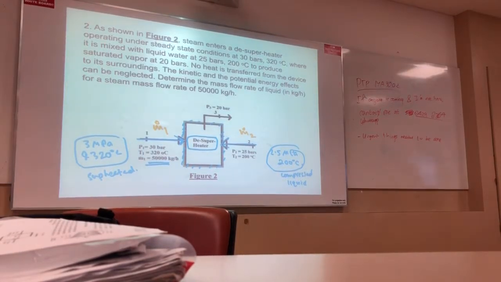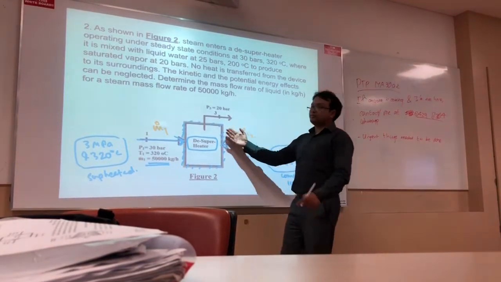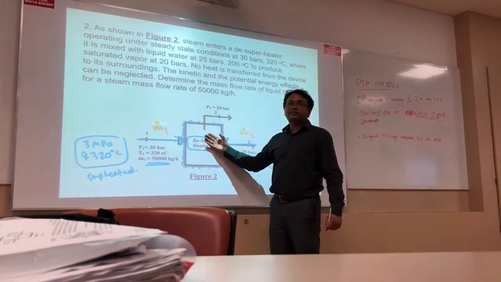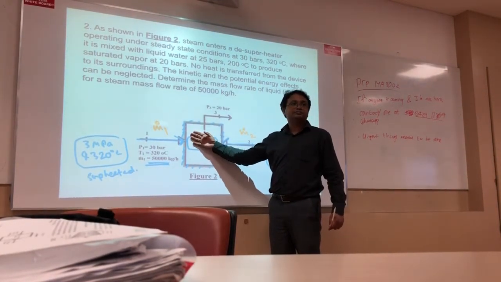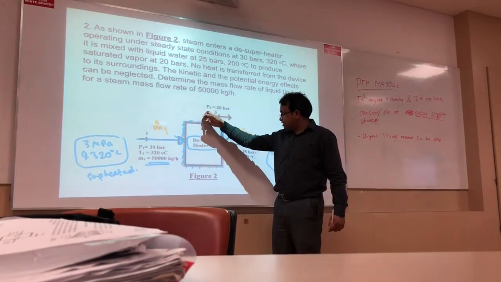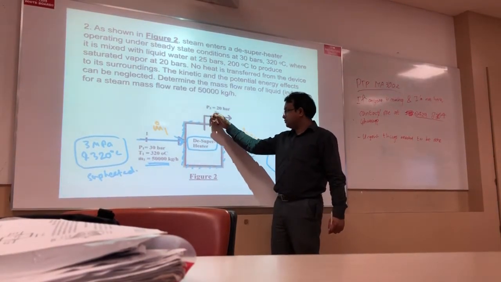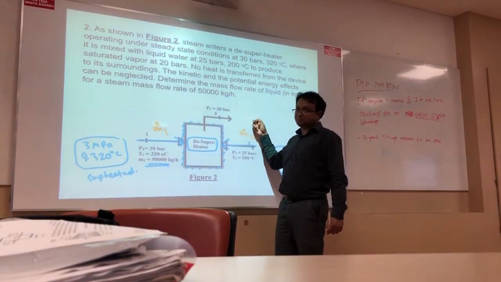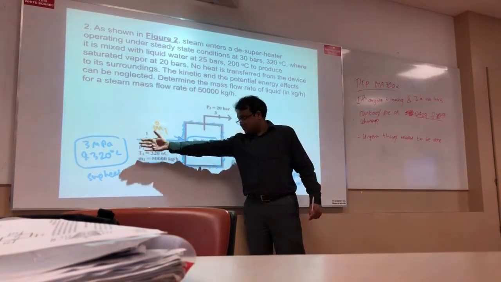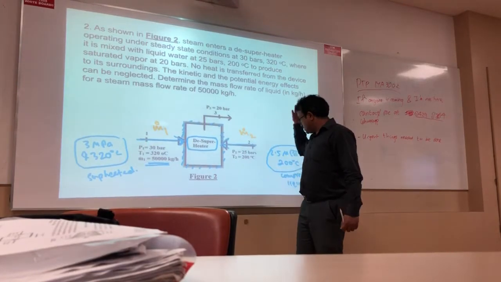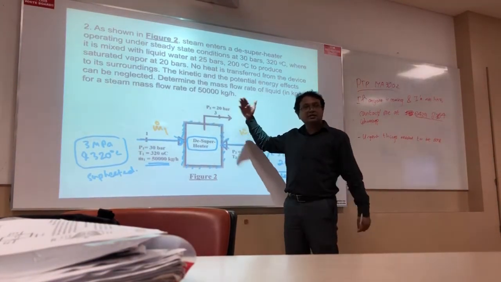Then it enters into a desuperheater, and here saturated vapor is generated, right? And from this outlet, the vapor goes to another system. So this is superheated vapor, this is compressed liquid, this is saturated vapor.